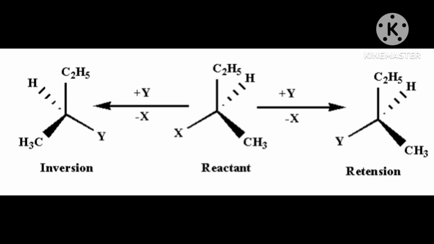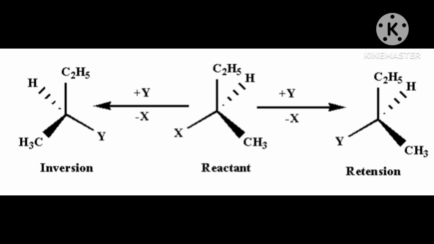First, CH3 is above the paper, dark. H is down, dashed. C2H5 is on the paper, and X is also on the paper. X, I told you, is replaceable.